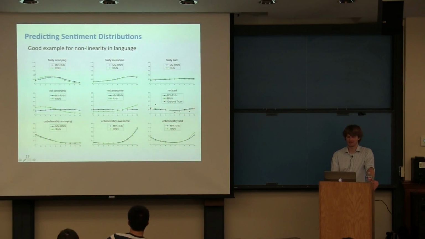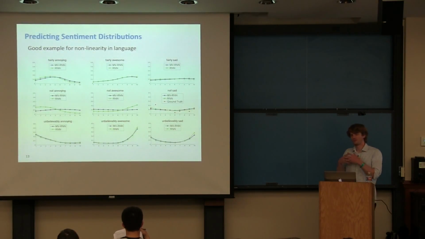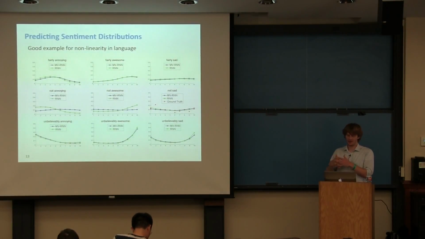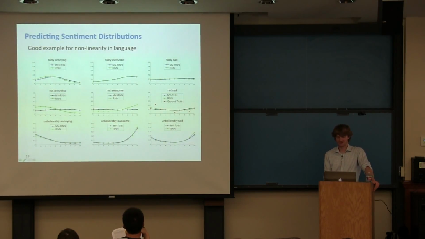And you normalize this to be a standard multinomial distribution so that these numbers sum to 1. And then we can look at how much a standard recursive neural network can modify and predict these, and how accurately, versus an MVRNN, which is this matrix vector recursive neural network.